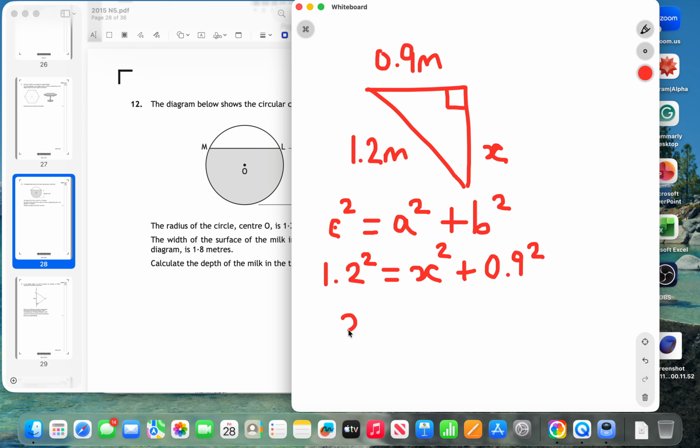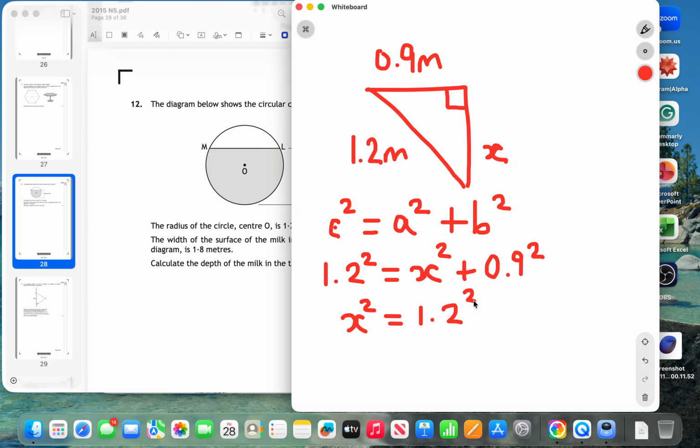So we can take 0.9 squared away from either side. So we get 1.2 squared minus 0.9 squared. And doing that on the calculator and taking the square root, so you're going to first of all find the square and square root it.